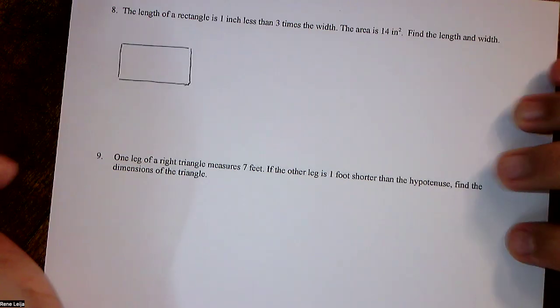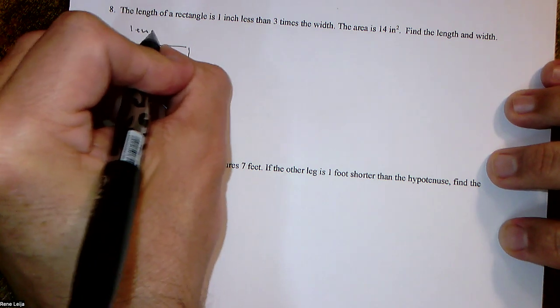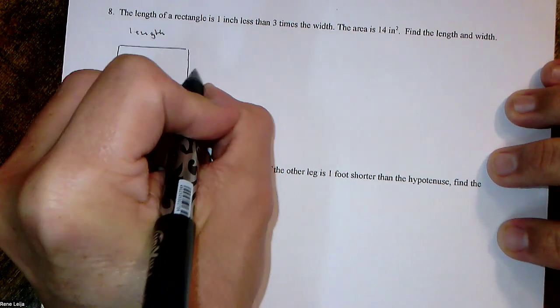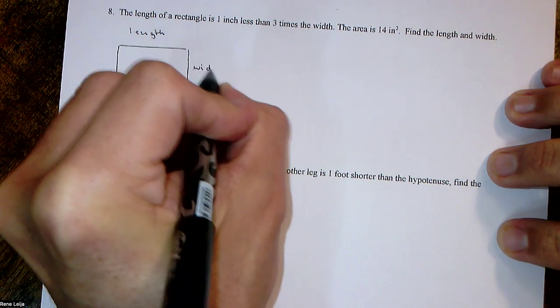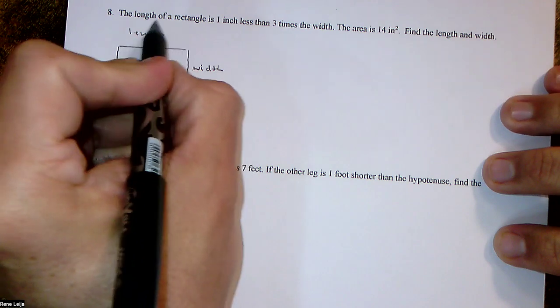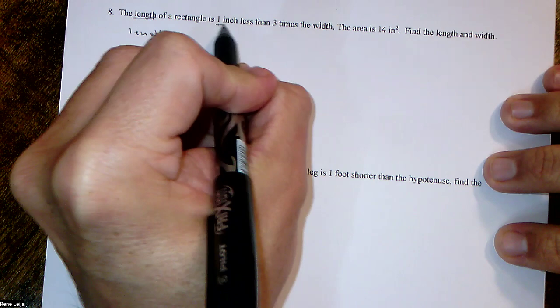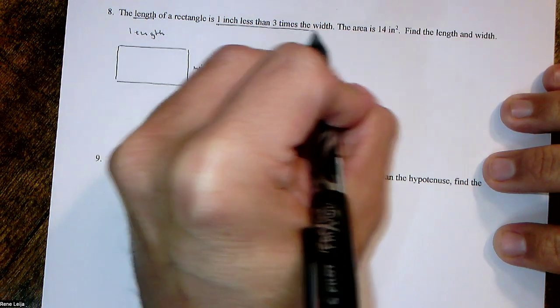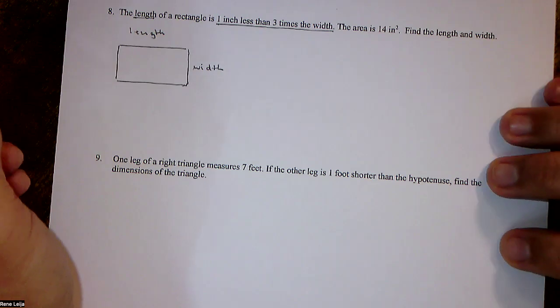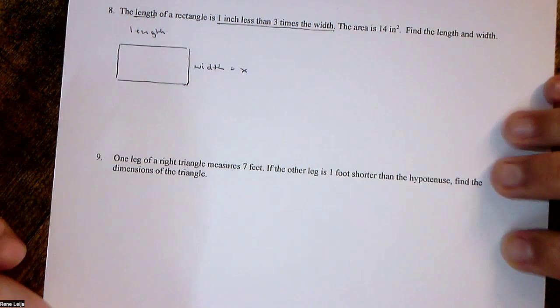Okay. So this is the length, and this is the width. It says the length is 1 inch less than 3 times the width. So in order for me to know the length, I first have to find out what the width is.